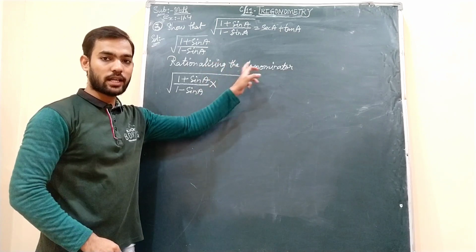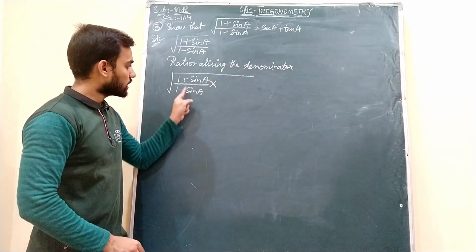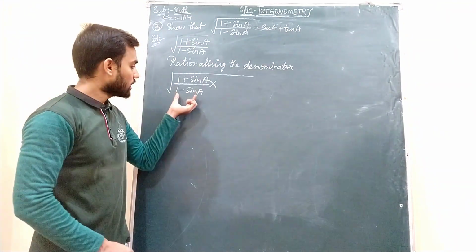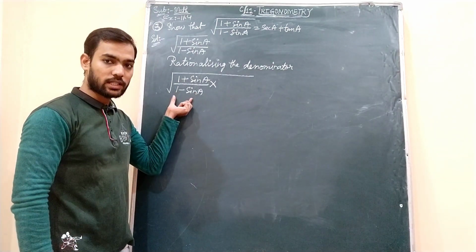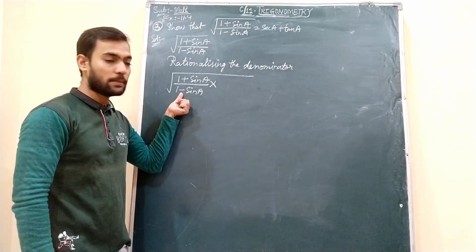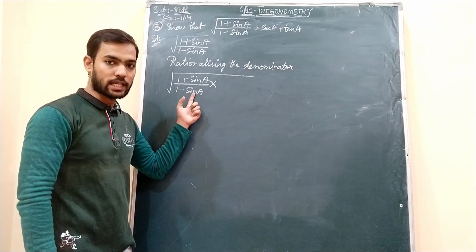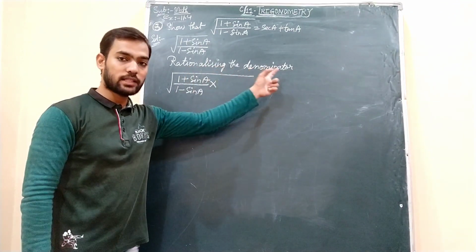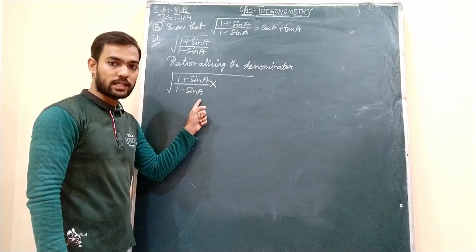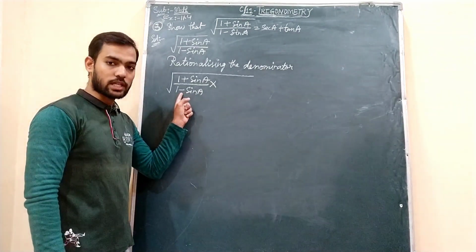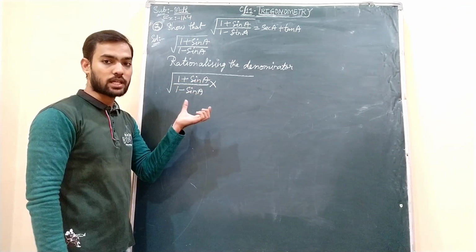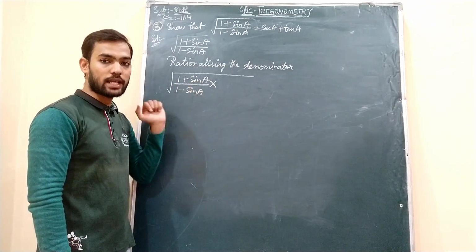the process of rationalizing the denominator says that the numerator as well as the denominator should be multiplied with the expression whatever is there in the denominator, with the sign changed between the terms. Like here you are having 1 minus sin A, right? So this sign you need to change, so it will be 1 plus sin A. With that expression you need to multiply numerator as well as denominator.